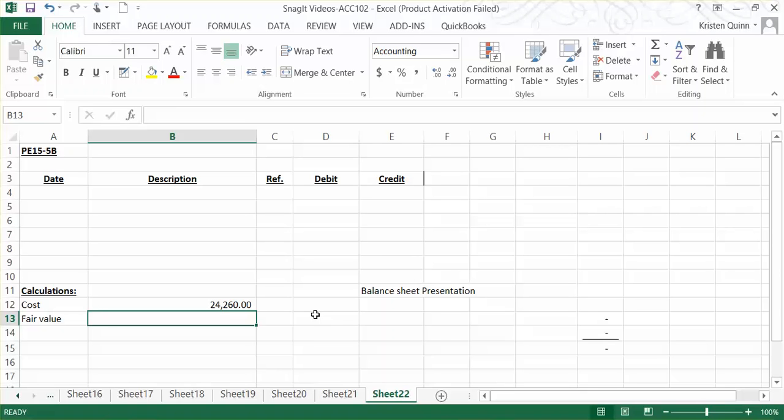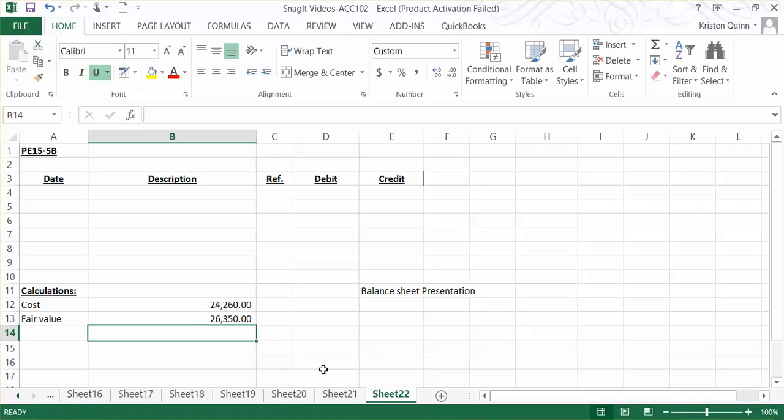As of our balance sheet date, remember your balance sheet is always a snapshot of your assets and liabilities on a particular day, they tell us that our fair value as of December 31st, 2014, is $26,350.